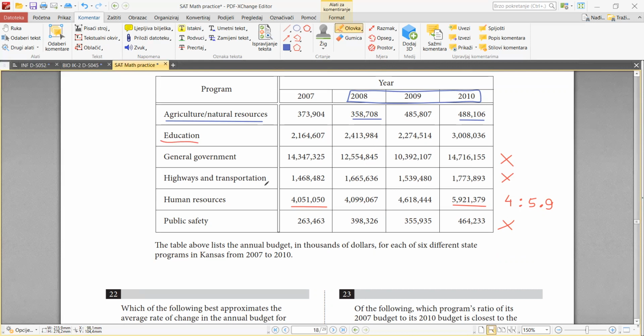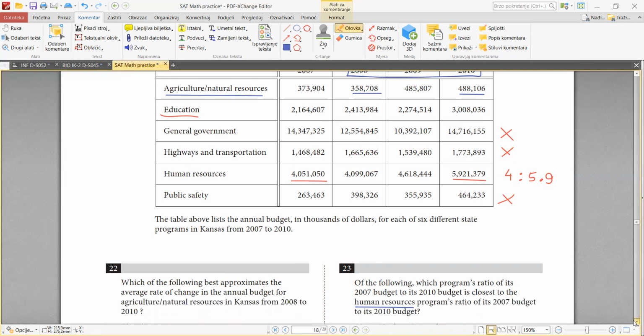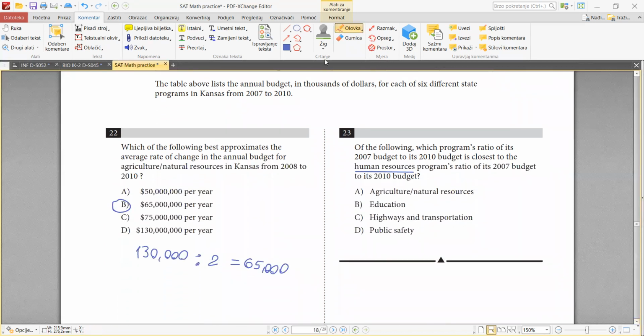So education, we need 1.5 times the annual budget of 2007. So 2.1 times 1.5 is approximately 3 million. So we'll choose education, B.